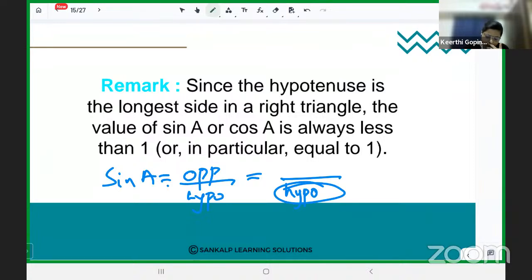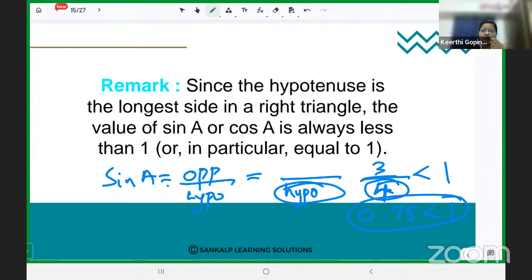For example, if you consider 3 by 4, 4 is greater than 3 because 4 is the hypotenuse. So the denominator will always be greater than the numerator. So this value will always be less than 1. 3 by 4 is nothing but 0.75, right? It is always less than 1.